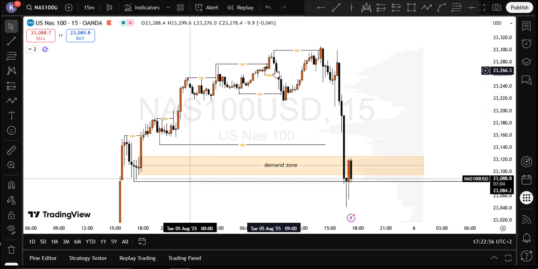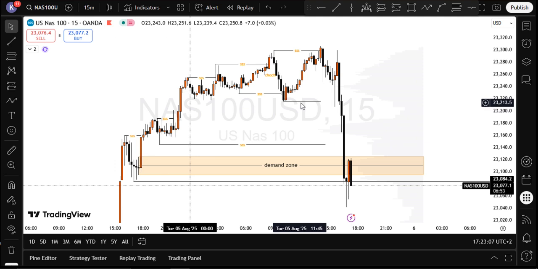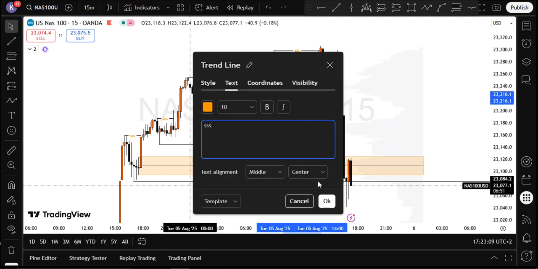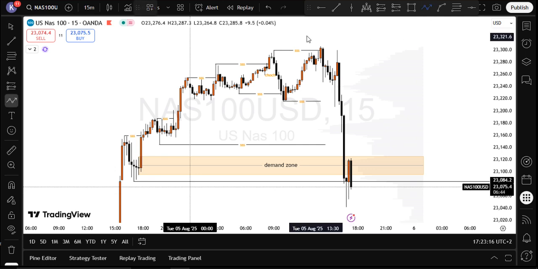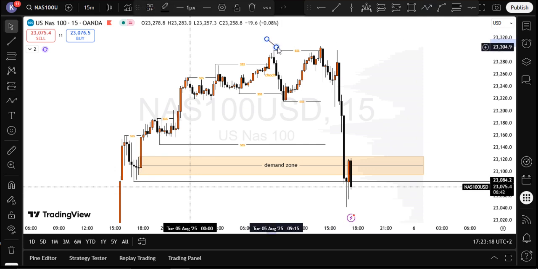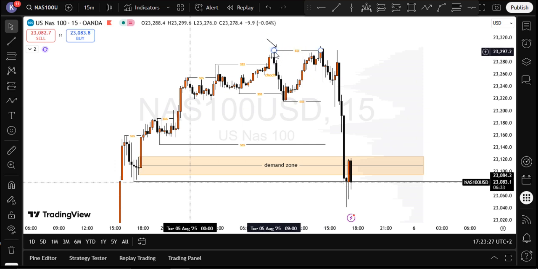So the market continued pushing to the downside, swept sell side liquidity, and also left us another sell side liquidity here. While it was going for the sell side liquidity, it left us buy side liquidity resting here. So it pushed back up, swept this buy side liquidity that was created during London session.